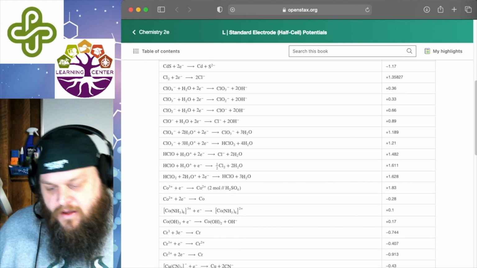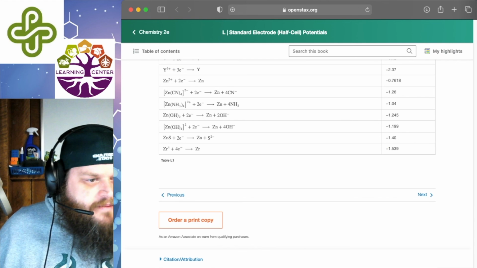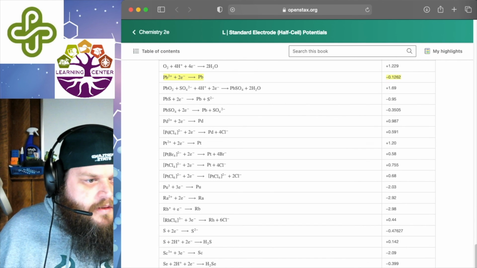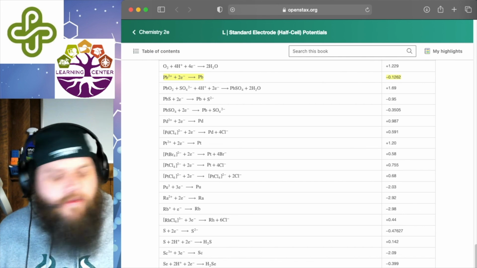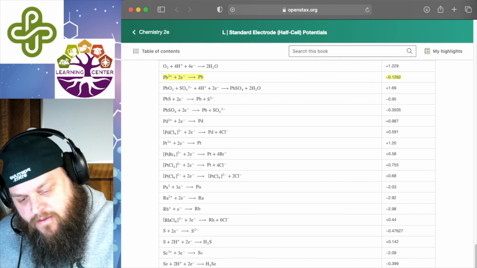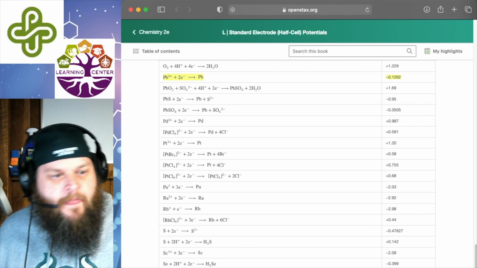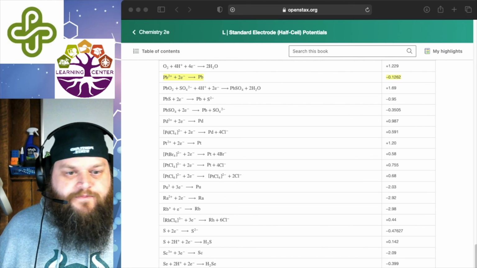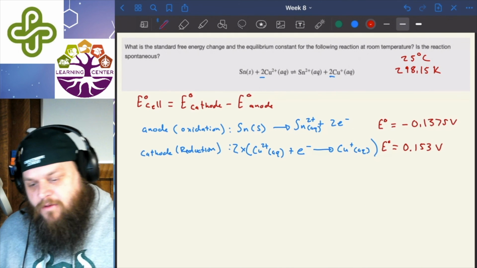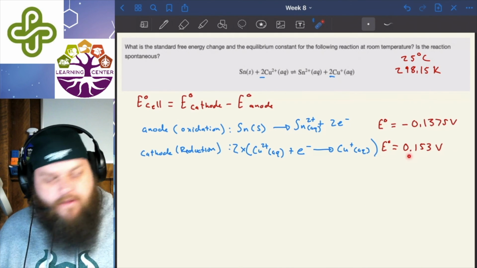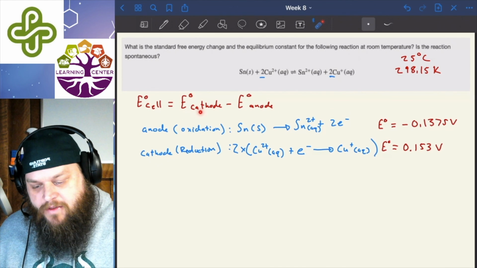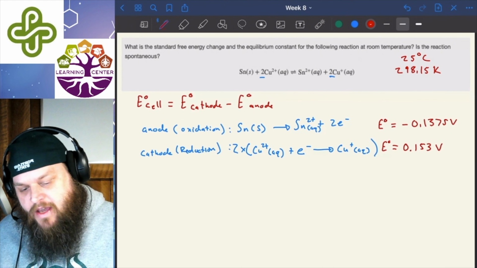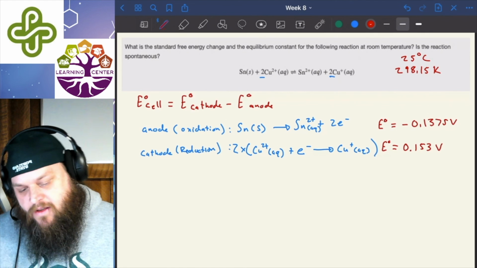We're going to find the Sn. It's down here, negative 0.1375 volts. So you can see I wrote the cell potentials here on the left. And I can use this equation, the potential of the cathode minus the potential of the anode, to find the potential of the cell.